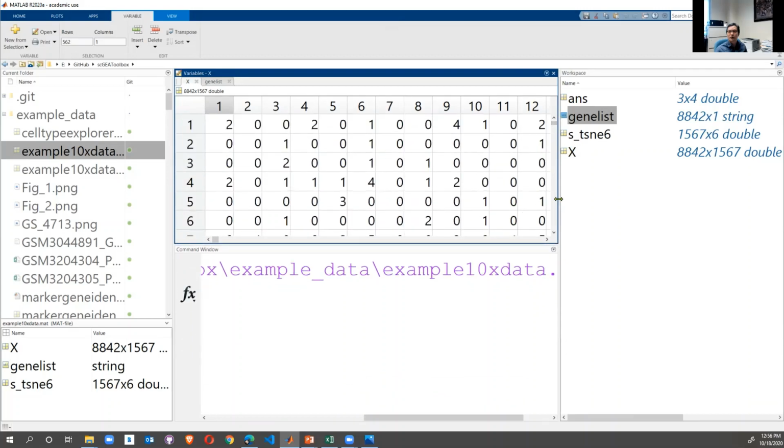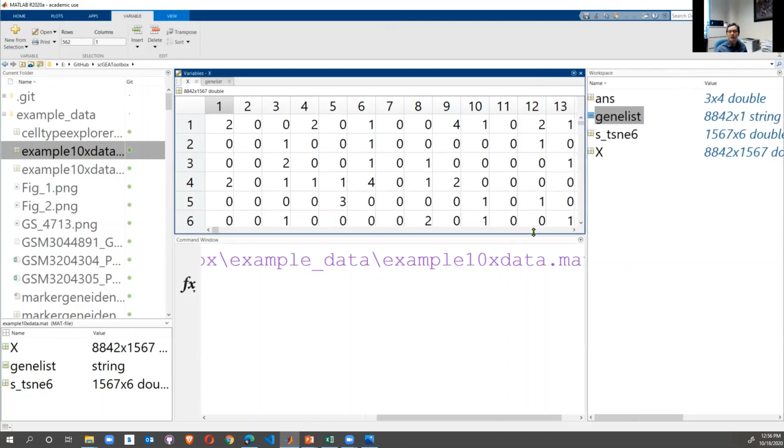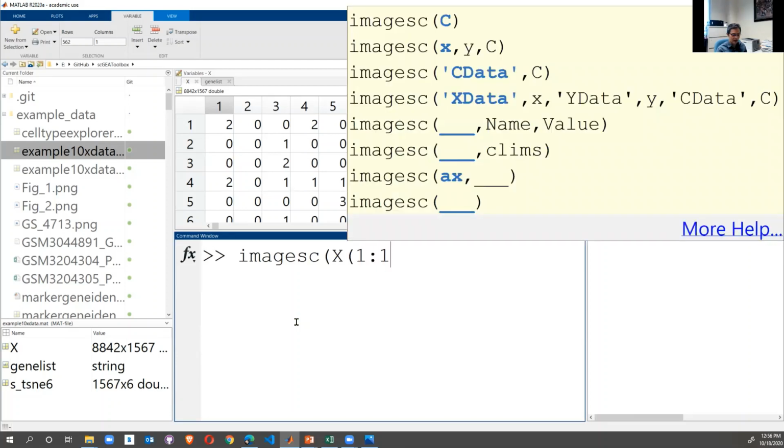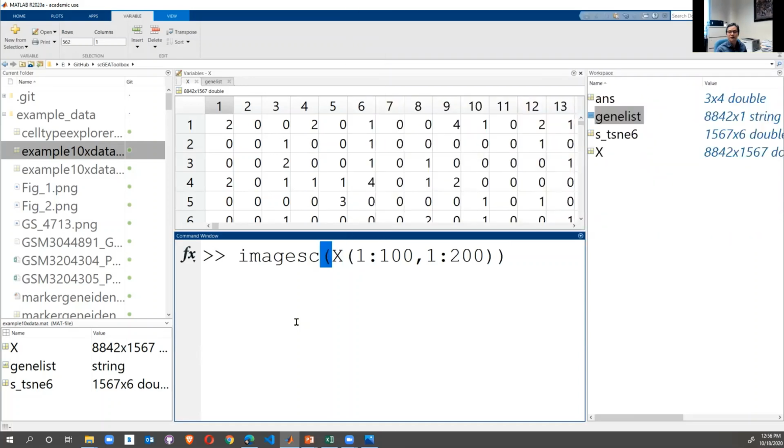So how are you going to normalize it? Before normalizing, maybe we want to take a look at what the matrix looks like. I'm going to use a function called imagesc, and X is just too big, so I'm going to select the top 100 genes in 200 cells and see what this sub-matrix looks like.